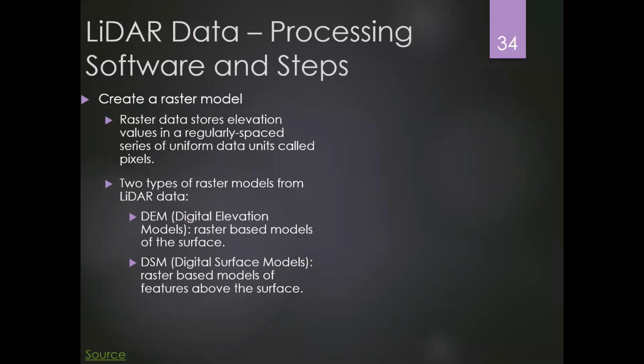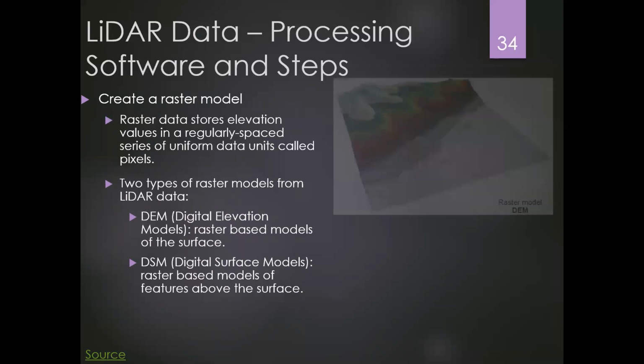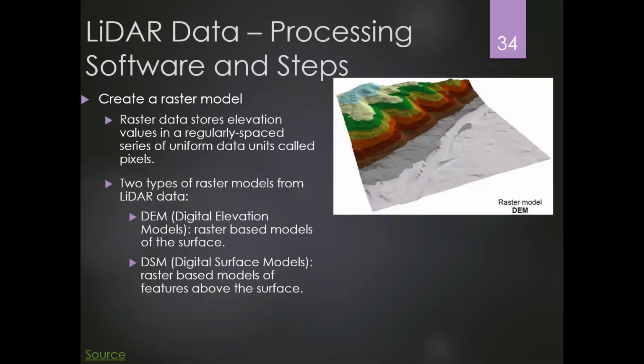For example, if there is a tree standing there, the DSM gives you the elevation of the top of the tree. The DEM gives you the elevation of the surface that the tree is standing on. Okay, this is DEM.